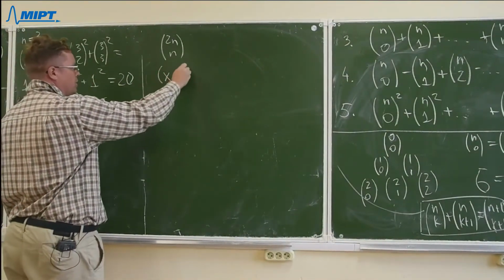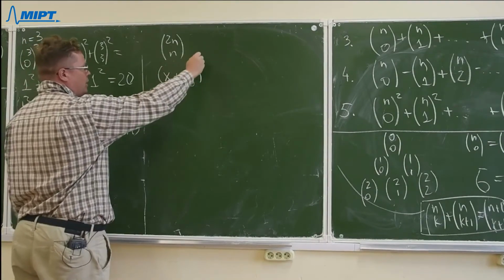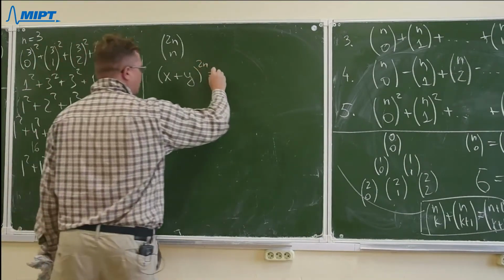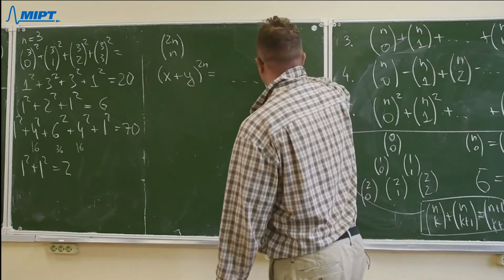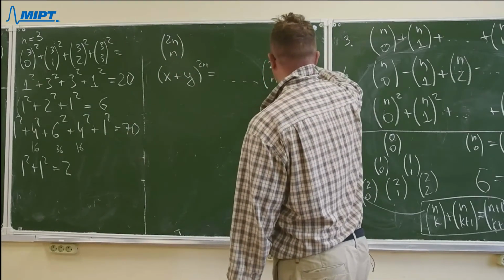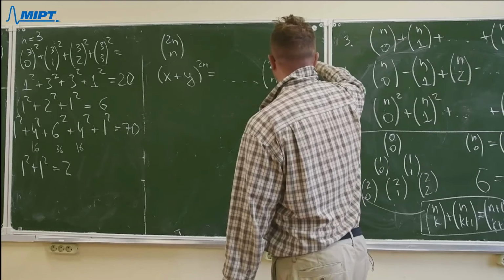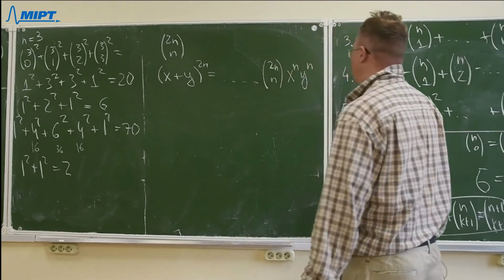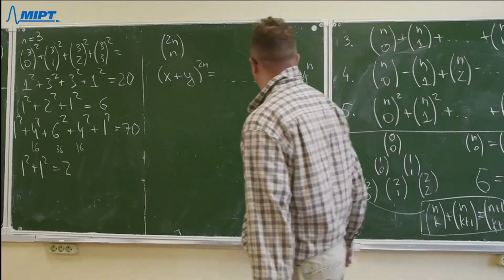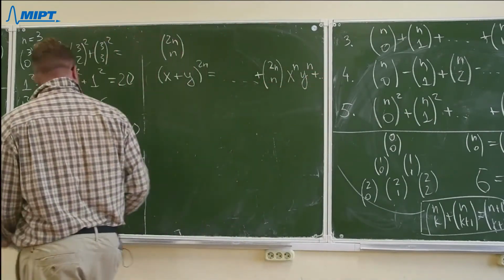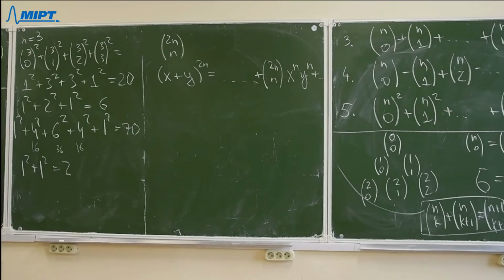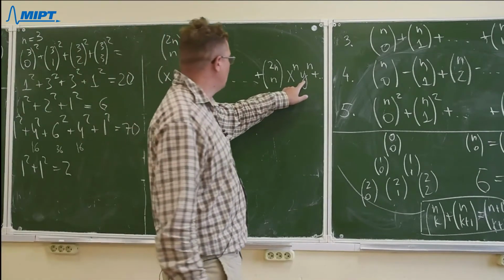So if we take x plus y to the 2n's power, and then we open the brackets, then somewhere we have 2n choose n times x to the nth power and y to the nth power.